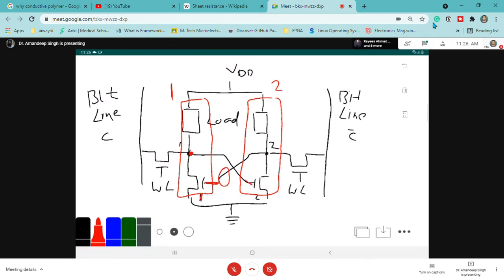Similarly, the input of transistor 2 is this one, and output is here. So you can see that we have connected 2 inverters like this. This is input, this is output, and this is input, this is output. So these 2 are the cross-coupled inverters. Similarly, here we are using the cross-coupled inverter to store the data.